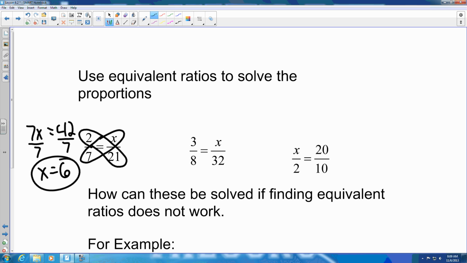Second example, I have 3/8 equals x/32. Same thing. Multiply that, so I get 8x equals 3 times 32, which gives me 96. Divide both sides by 8. X equals 12.